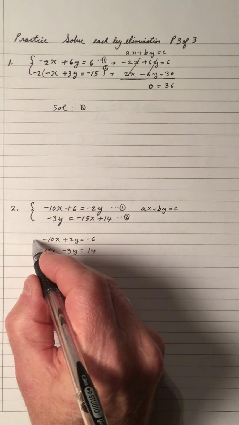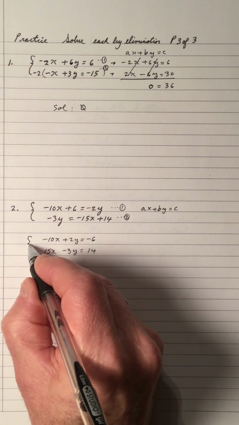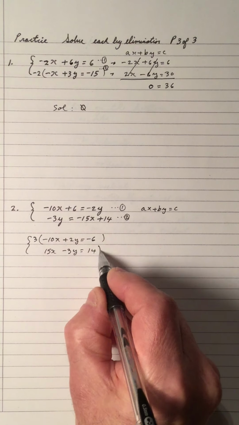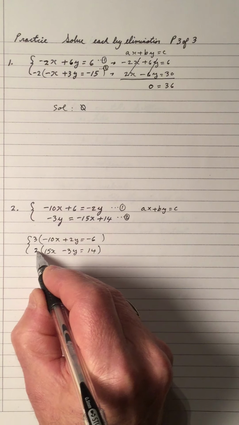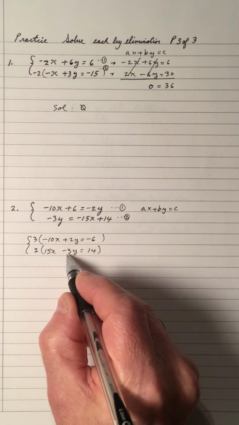Now we have these two equations and we want to eliminate. Both of them are positive and negative, so which one do you want to eliminate? The easiest one to eliminate is the y right now, because they have small numbers. So I multiply this one by 3 and I multiply this one by 2. Because they're already plus and minus, I only have to multiply by positive numbers.